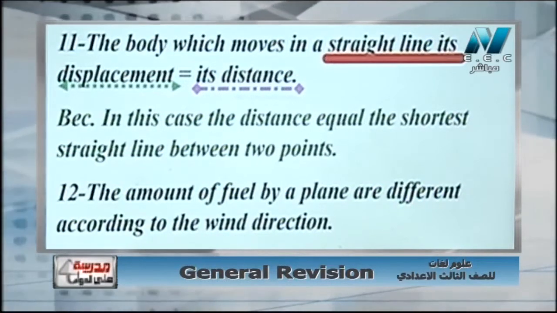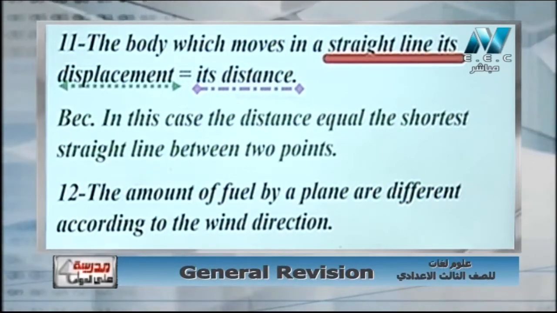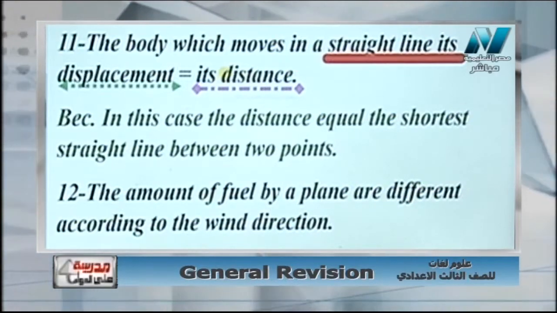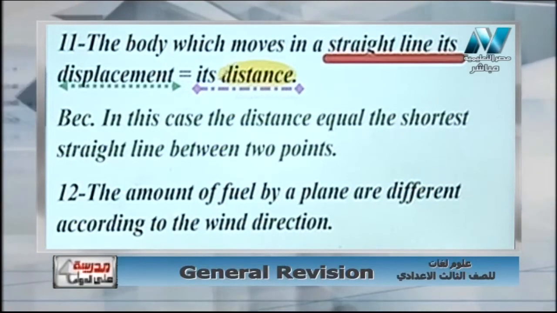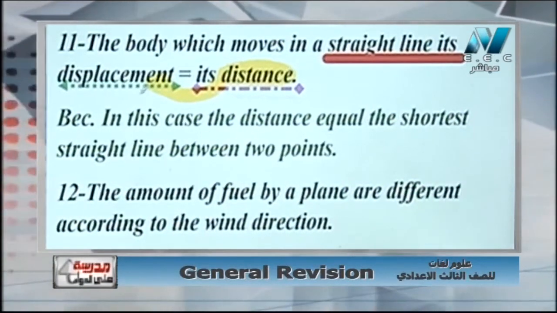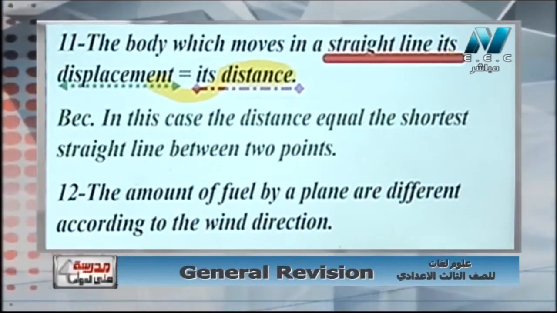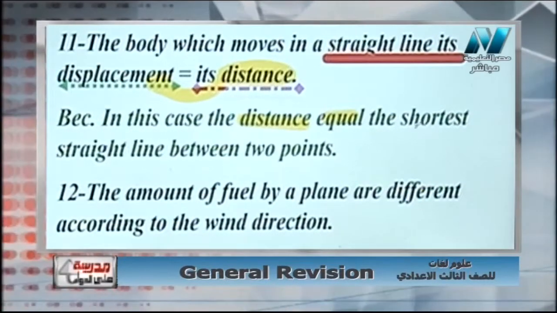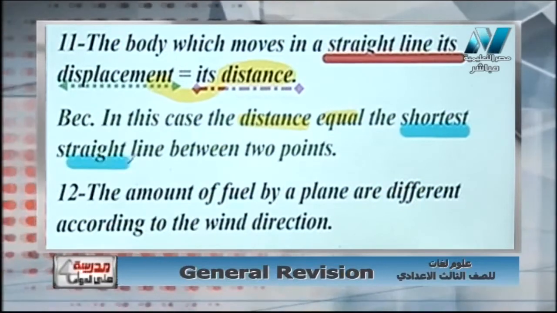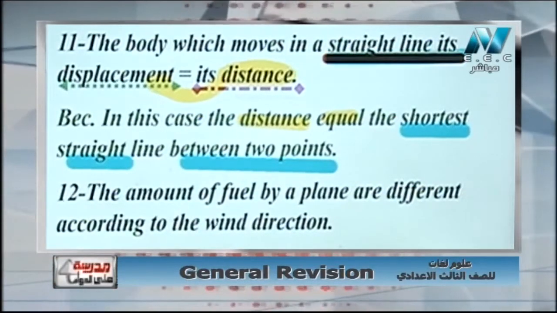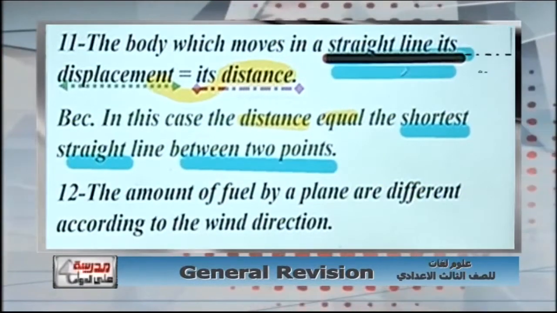So here we have a mix between what and what? Between distance, but we use the definition of displacement only in this case. Because we have distance equal to the shortest straight line between 2 points. When? If the body moves in a straight line in one direction. In one direction.